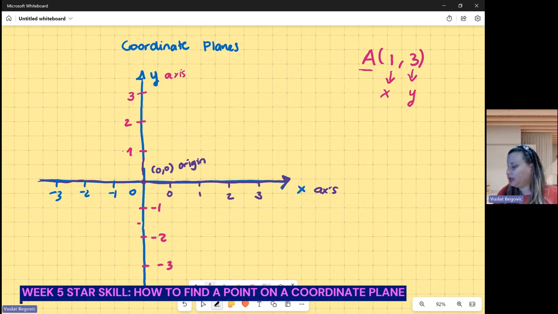Then I look at the x number line, this one, and I will try to find 1. I am using a different color, and here I found the 1. Then with my second number, I have to look at the vertical number line, which is 3. So I am finding the 3 here.